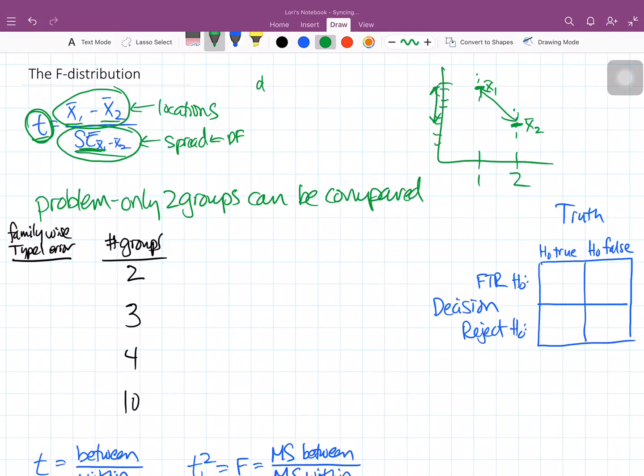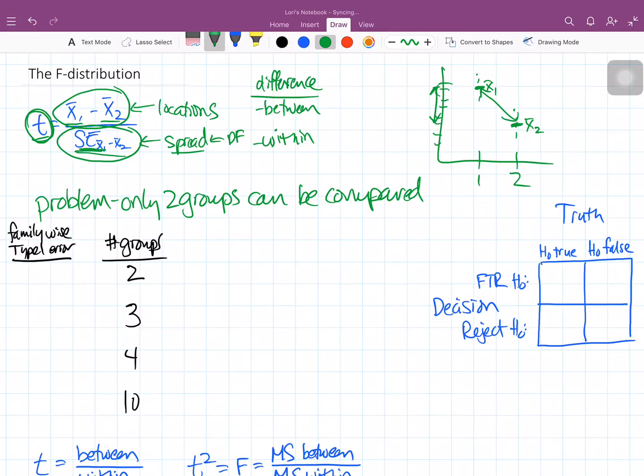One thing that you can think about is that this top part can be looking at a difference between the groups, and this bottom part, this spread, can be showing the difference within the groups. You'll be seeing this between and within a lot in the future.